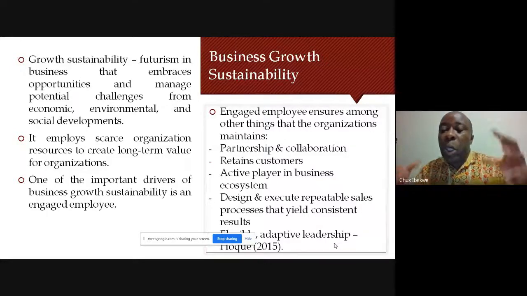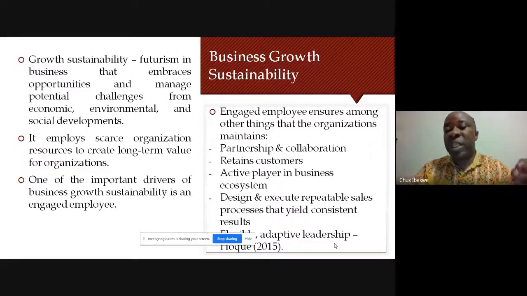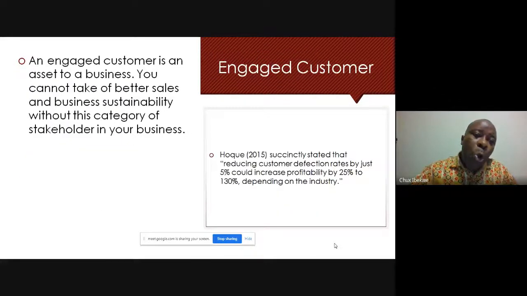So in other words, you are putting your organization into an adaptive mode, which is one of the prerequisites for sustainability. So you can see that engaged employees have become an asset to the organization.